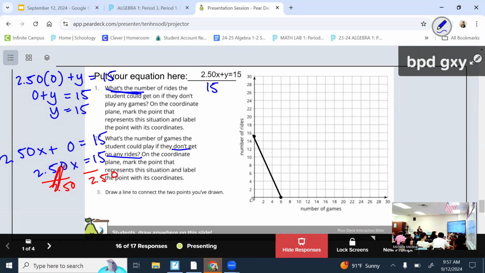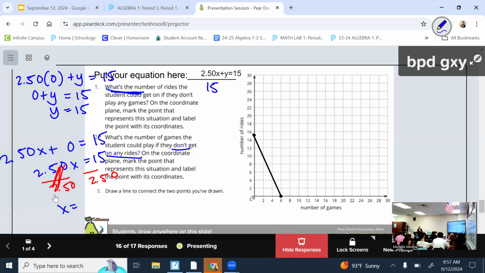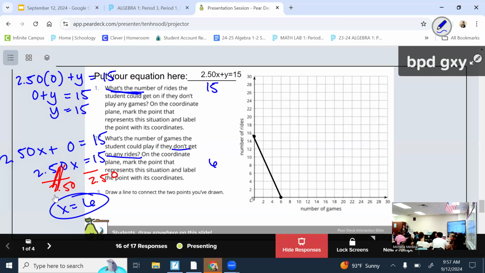And when I put that in my calculator, and I know because I did it earlier, I do get 6, which is what they marked. So 6 games they can play when they don't go on any rides, and they connected it like this.